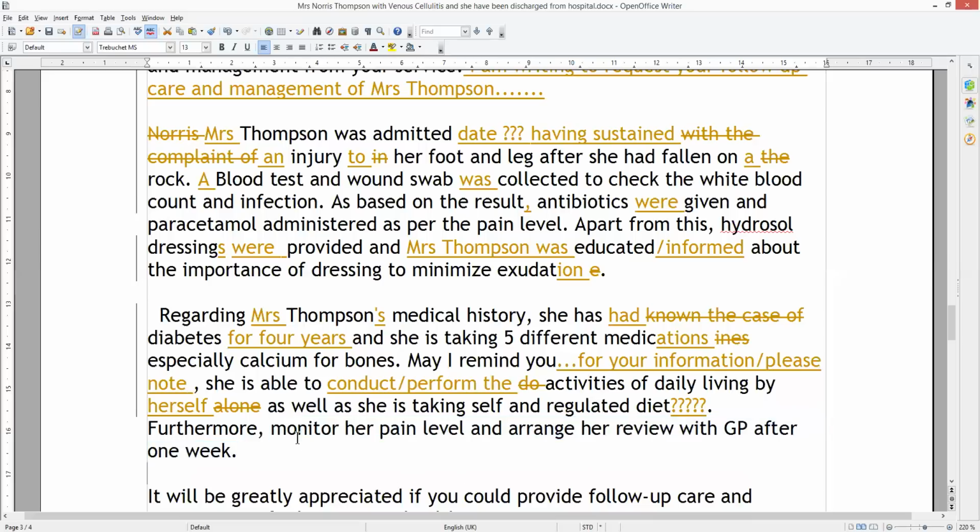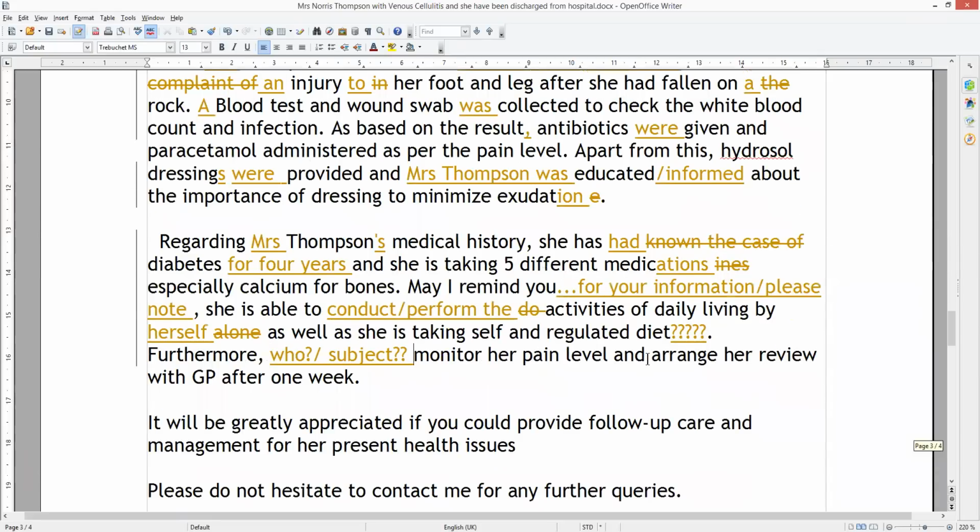monitor her pain level. Well, who is going to monitor? So who is the subject to this? Who is monitoring? And who is, so, and arrange her, so who's arranging? So this is not very clear.